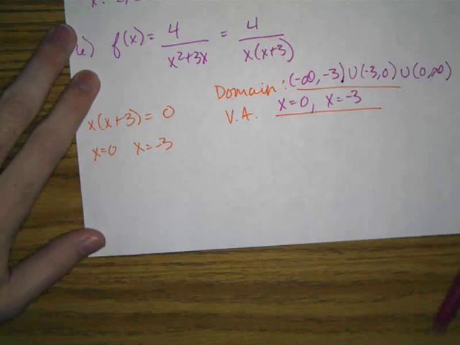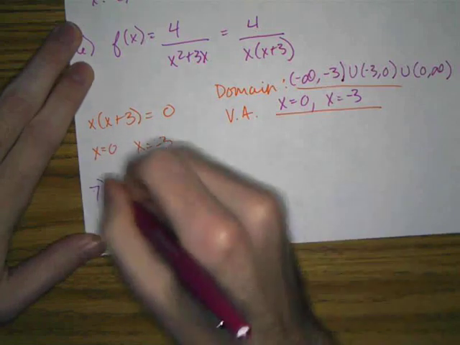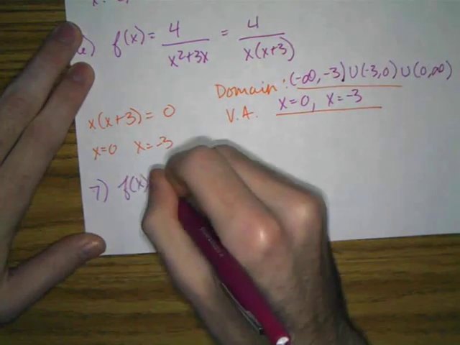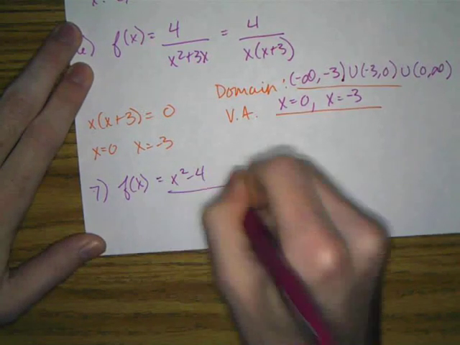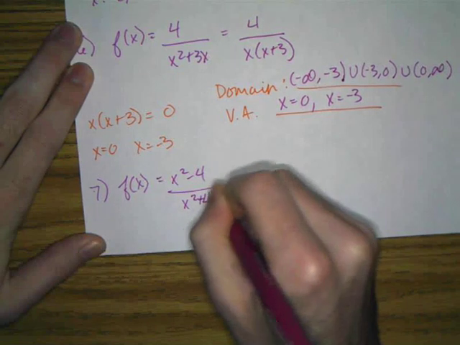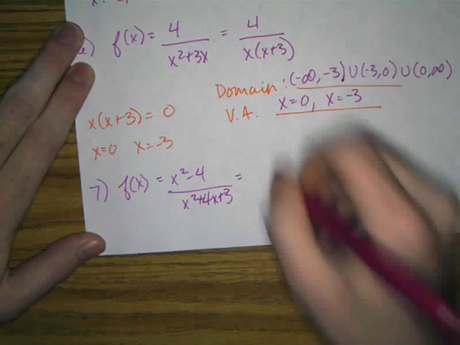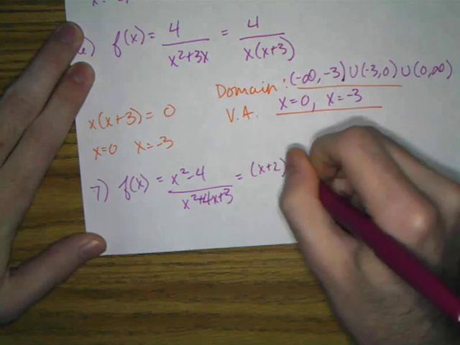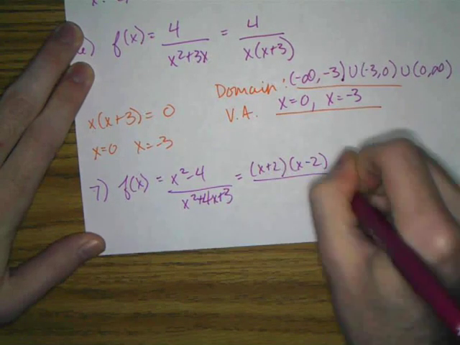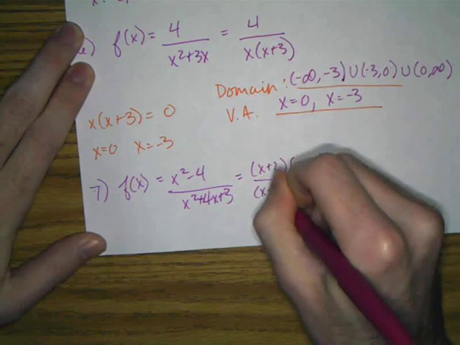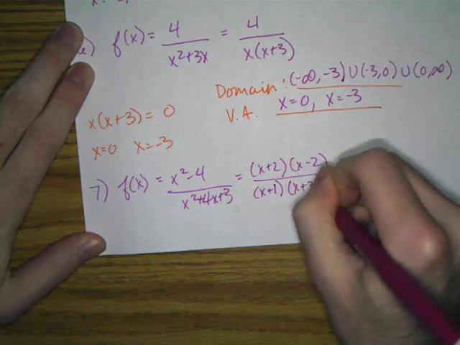Okay, one last example. f of x is equal to x squared minus 4 over x squared plus 4x plus 3. Again, factoring that, I get x plus 2 times x minus 2 in the numerator, and x plus 1 times x plus 3 in the denominator.